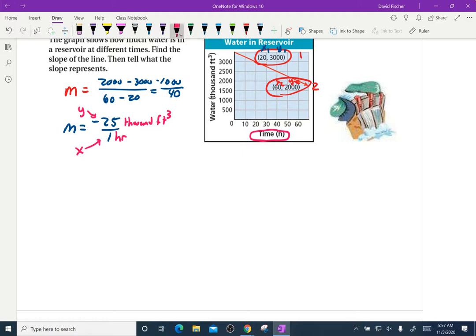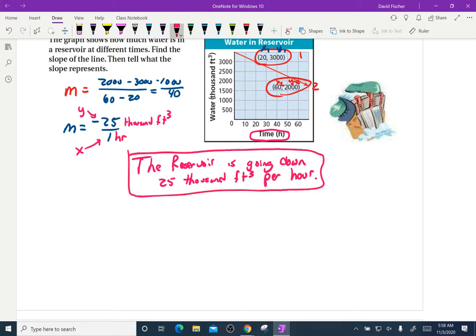So now in words, the reservoir is going down. And we have to use numbers. Going down would be my negative 25,000 cubic feet per hour. That's how we would interpret that in words.